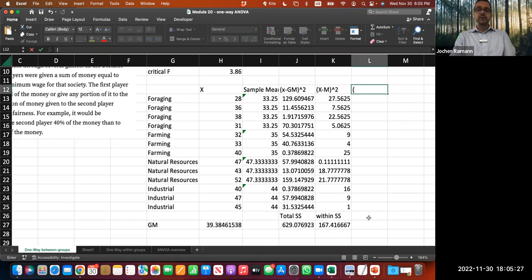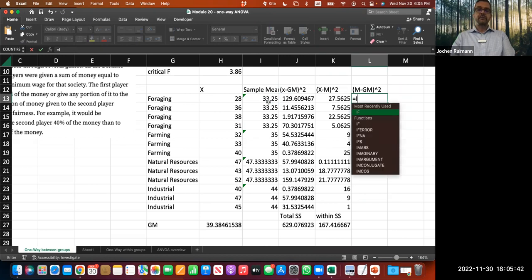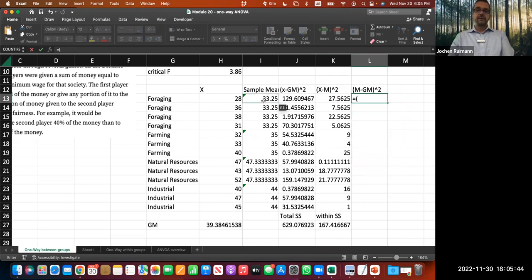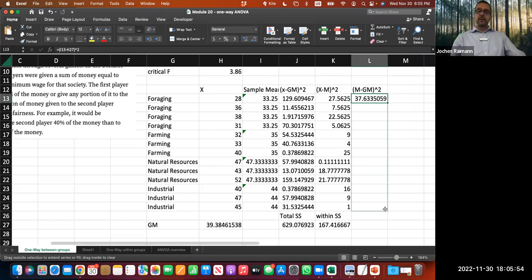So you can also calculate this between groups variance by calculating m minus gm squared, this sample mean minus the grand mean squared, which gets you to your between groups variance.